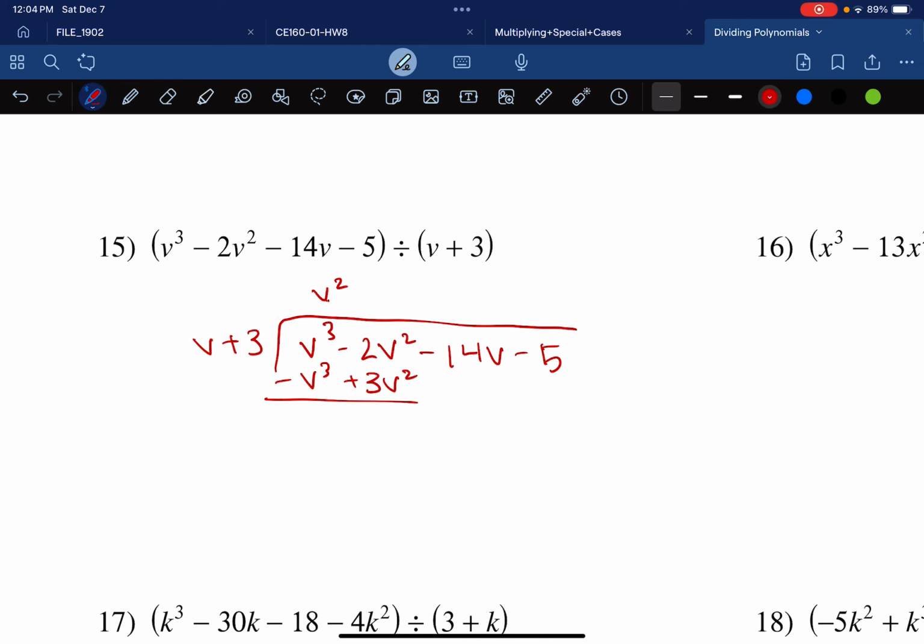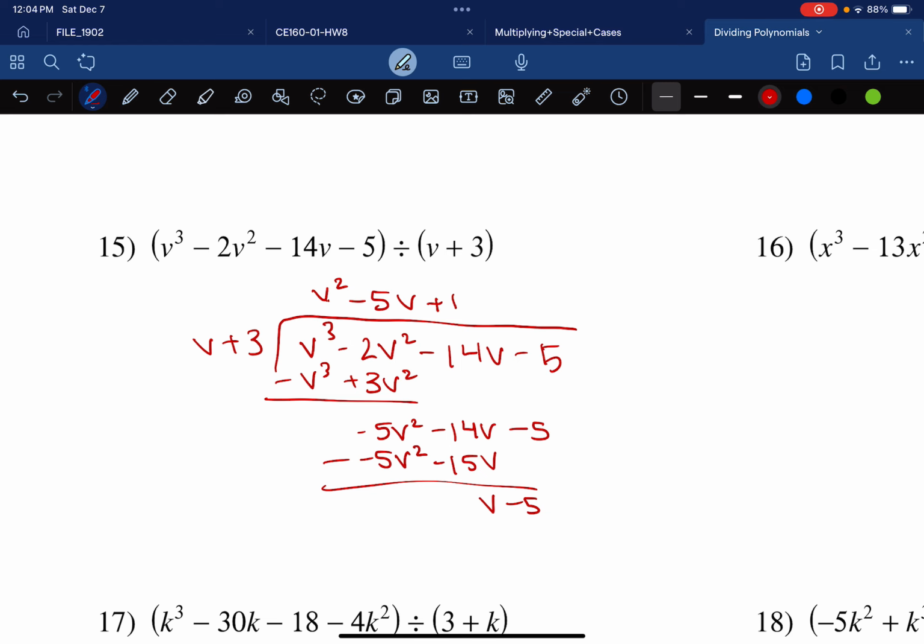When we subtract that, we're going to get negative 5v squared minus 14v minus 5. Negative 5v times v is going to give us our negative 5v squared. Negative 5v times 3 is going to give us negative 15v. We subtract those, we're going to get v minus 5.